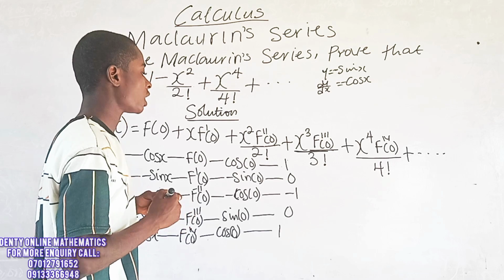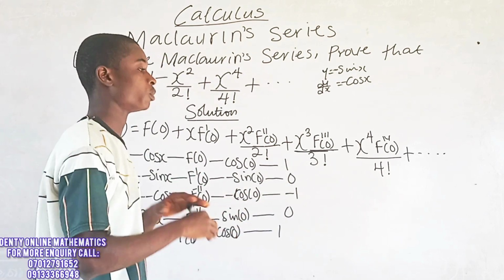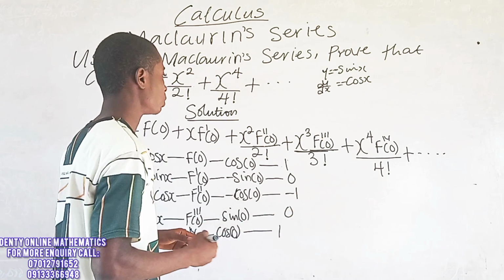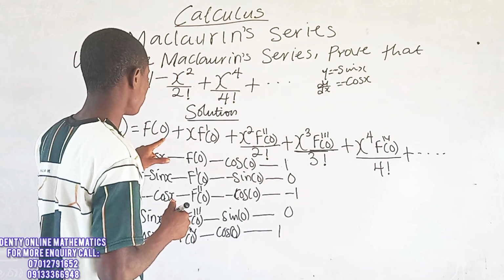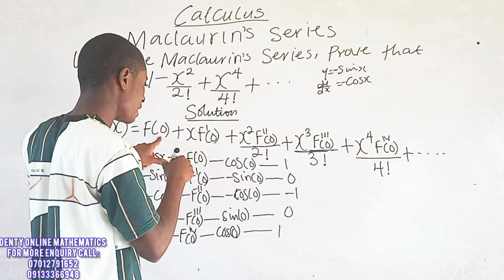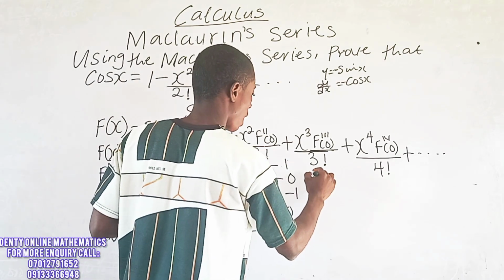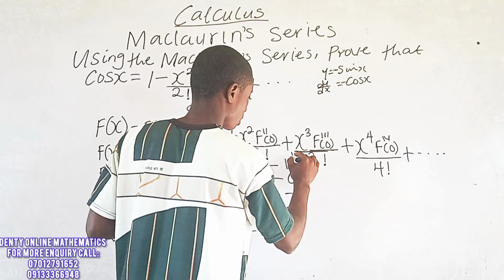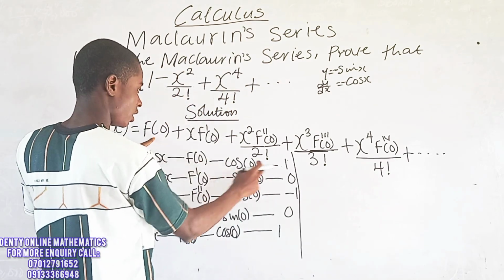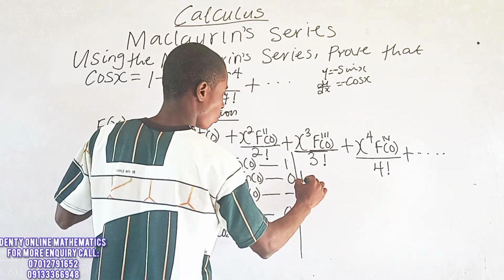So now let's apply all of this into the Maclaurin series. Remember, we are not taking the zeros because 0 times anything will give us 0. So we're just picking the non-zero terms. F of 0 is 1. That's the first thing, so I will pick that 1.